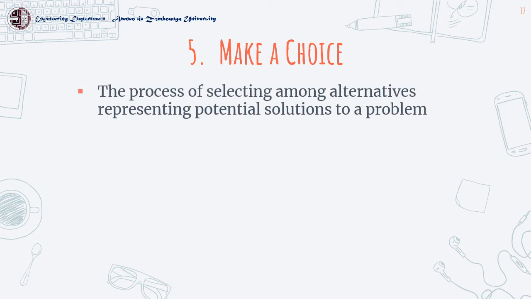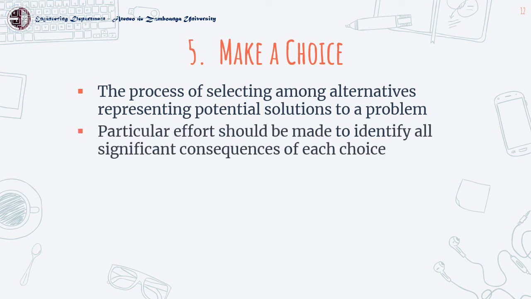So choice making is a process of selecting among alternatives representing potential solutions to a problem. A particular effort should be made to identify all significant consequences of each choice. So as we have mentioned in the previous slide, you have the value, the cost, and the risk characteristics.